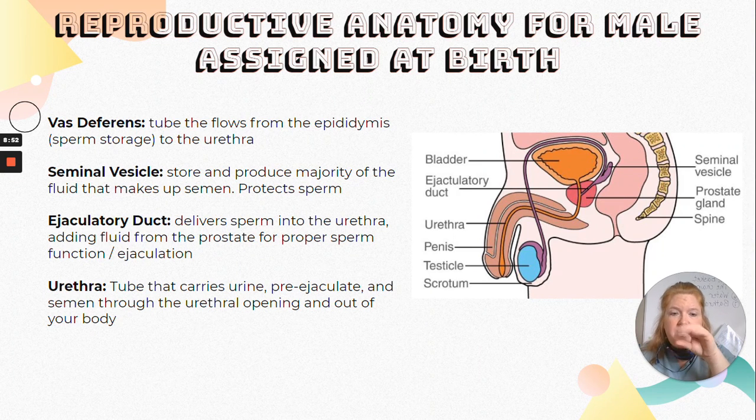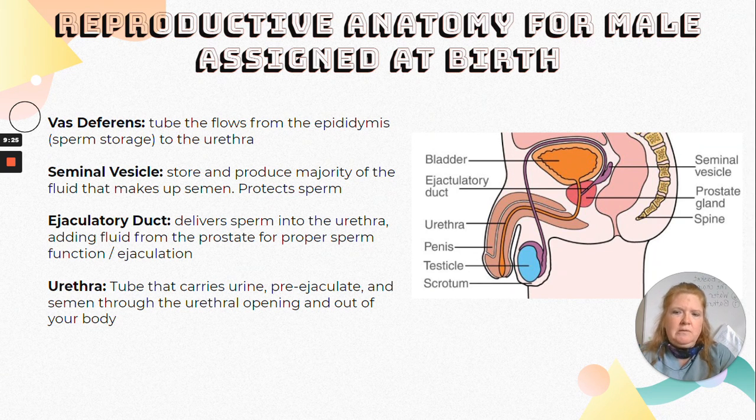So the sperm are produced in the testicles. They kind of store, grow out, and mature in the epididymis, and then prior to ejaculation, they're going to go to the vas deferens, that long tube, curl around, and they're going to pick up fluid at the seminal vesicle and at the prostate. That's to enable the sperm to survive inside the vagina, uterus, and fallopian tube on their long journey to try to find an egg. If sperm were not released in semen, that fluid, they wouldn't survive.